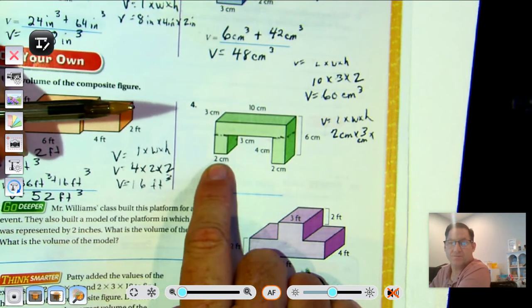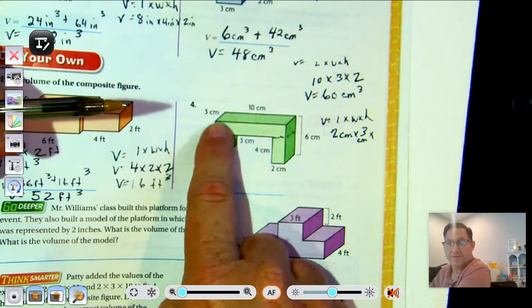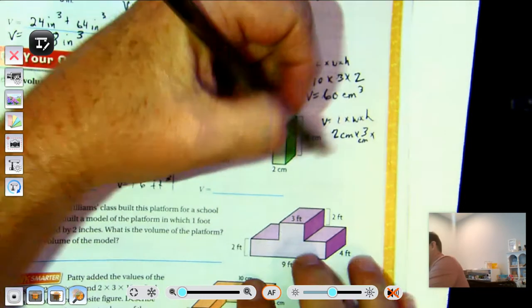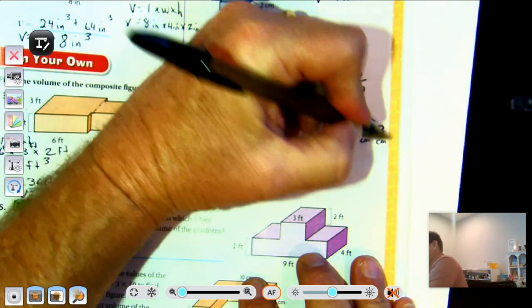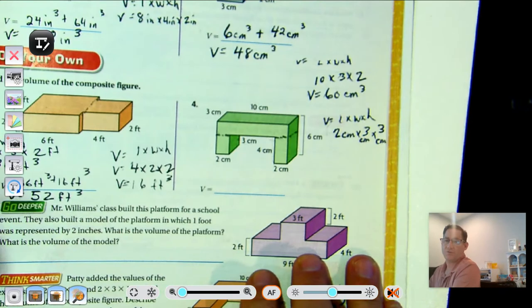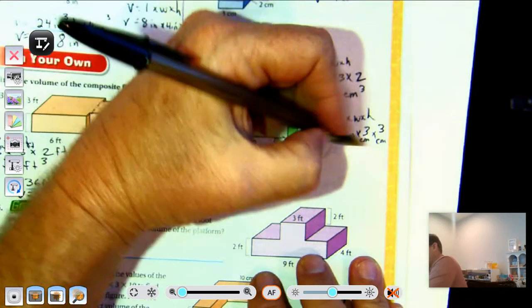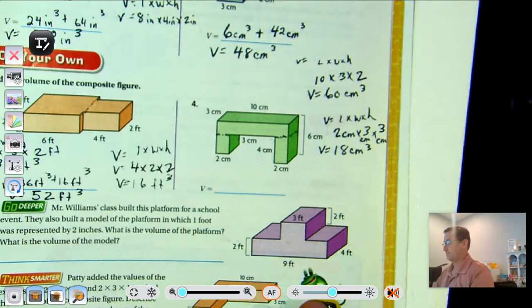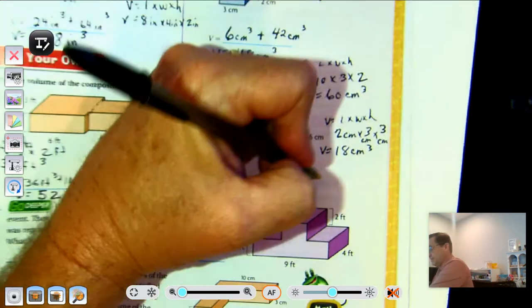The length is 2. The width is 3 right there. And the height is right here, so 3. All right, so we have 3 times 3 times 2. Well, 3 times 2 is 6, and 6 times 3 is 18. So 18 cubic centimeters. And now we have the last one on this side.